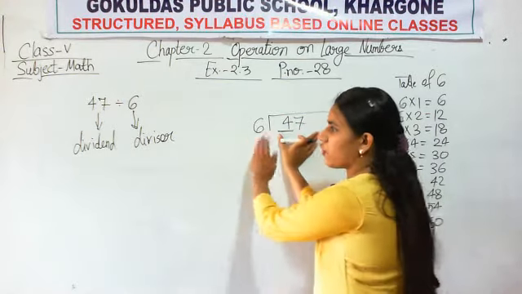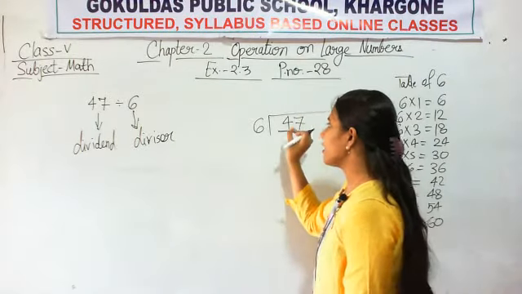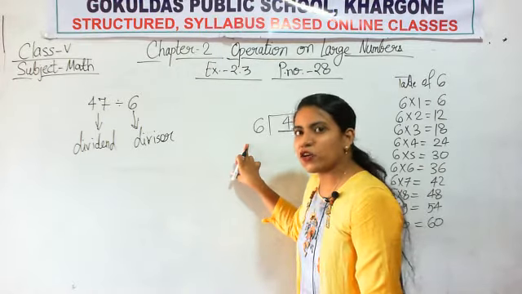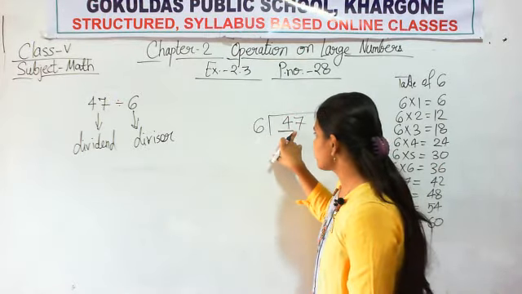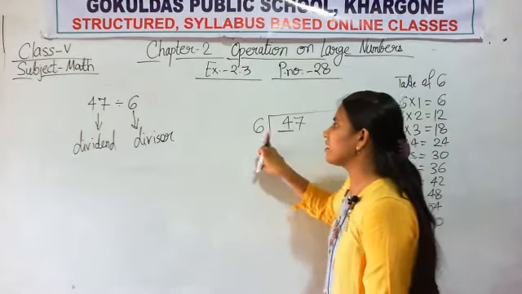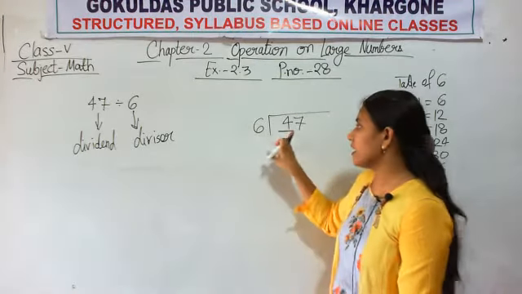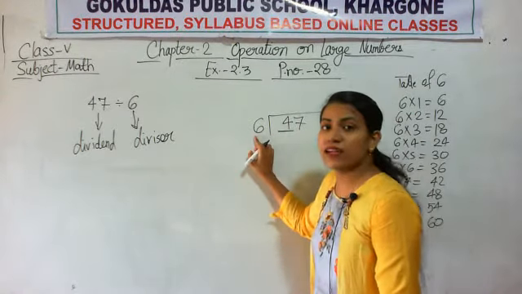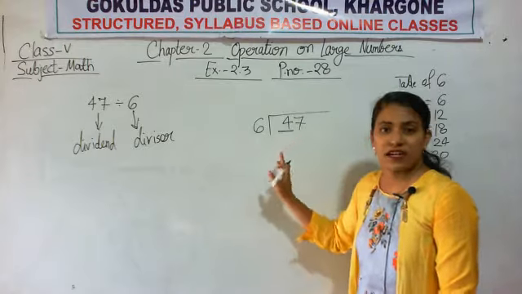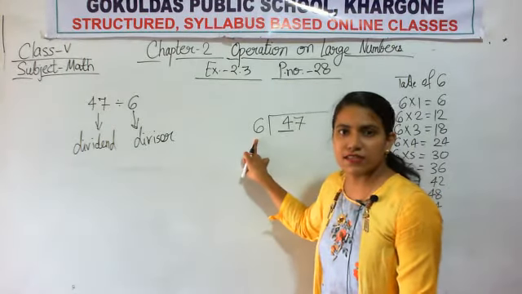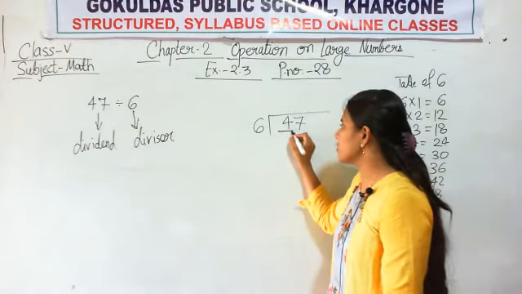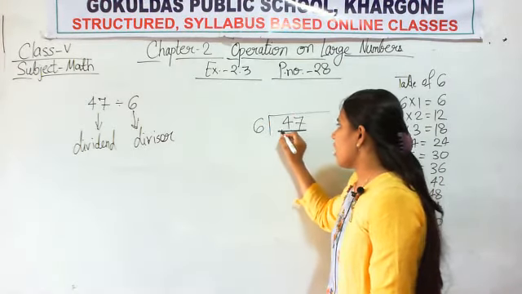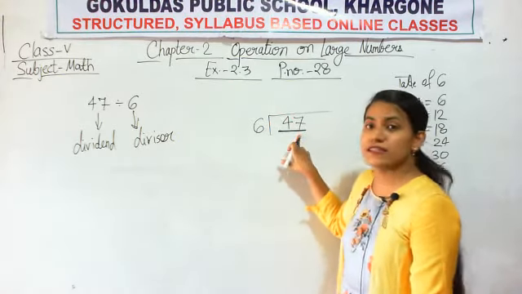If the first digit from the left of the dividend is equal to or greater than the divisor, then you can divide. But here the first digit, 4 in the tens place, is less than the divisor, so you cannot divide 4 by 6. In this case you have to consider the neighbor digit also, which means you will consider the 7 as well.